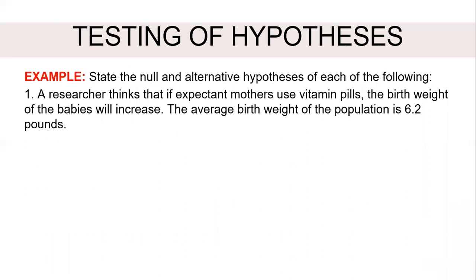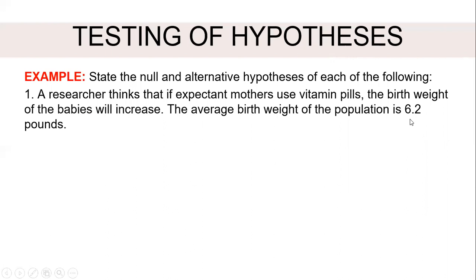Let's have an example. I would like you to state the null and alternative hypothesis of each of the following. Number 1: A researcher thinks that if expectant mothers use vitamin pills, the birth weight of the babies will increase. The average birth weight of the population is 6.2 pounds. So you see, the average birth weight of the population is 6.2 pounds.